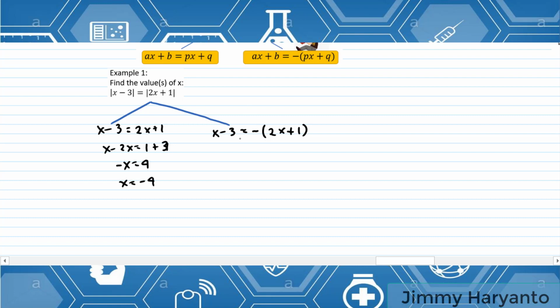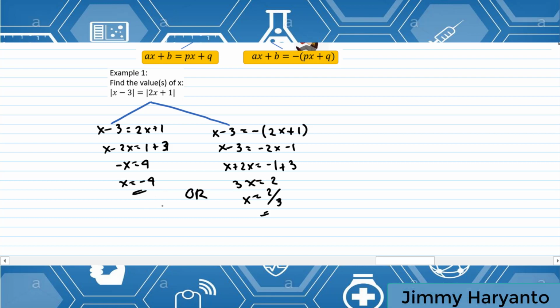And then for the right side, we have to multiply the negative first, negative 2x, negative 1, and then move the negative 2x: x plus 2x equals negative 1 plus 3, 3x equals 2, x equals 2 over 3. So we have these two values of x. This is the solution. We can say the solution is x equals negative 4 or x equals 2 over 3.